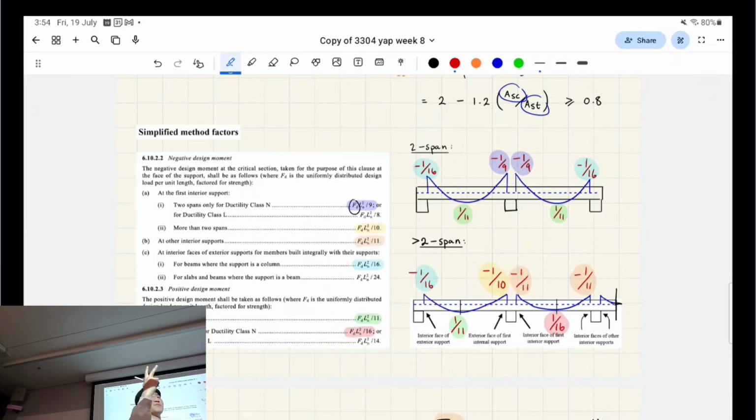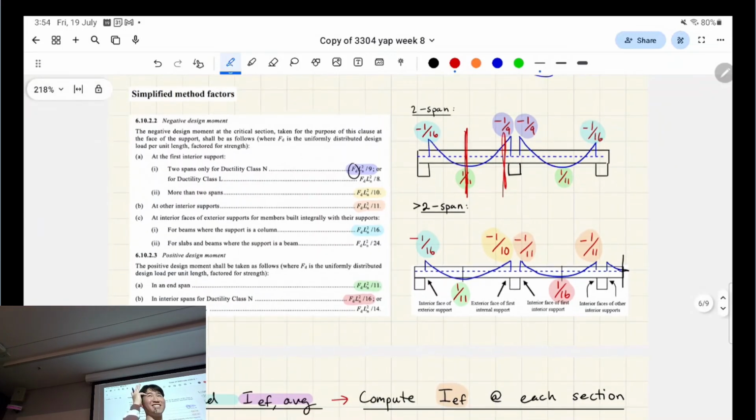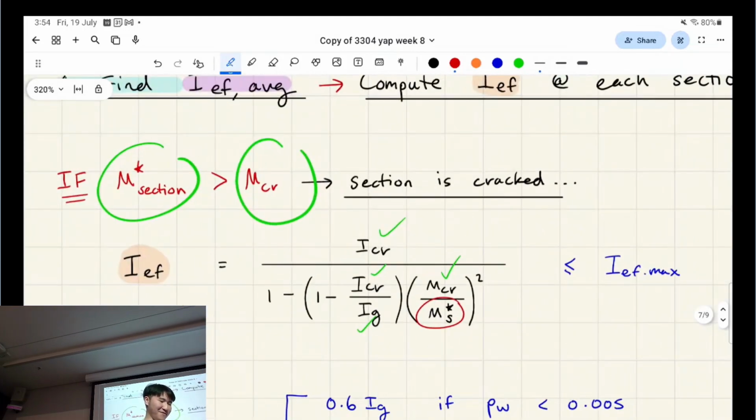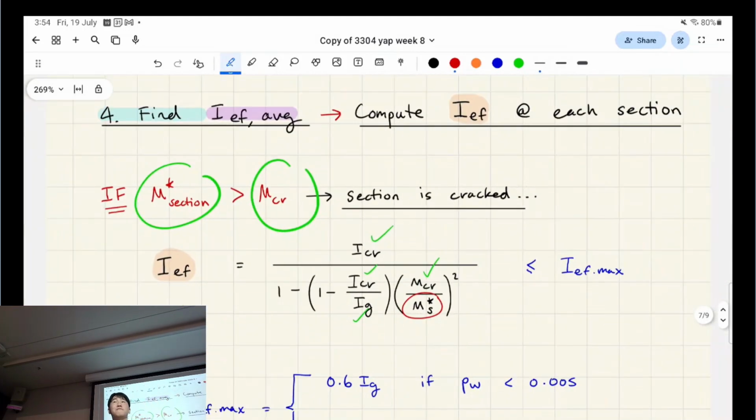Both ends. Middle and continuous end, right? So we're analyzing 2 sections. And so how many IEFs are we going to have? 2. Very good. So what changes in this big mama formula is only M star, because M star is going to change whether it's in the middle or on one end, right?